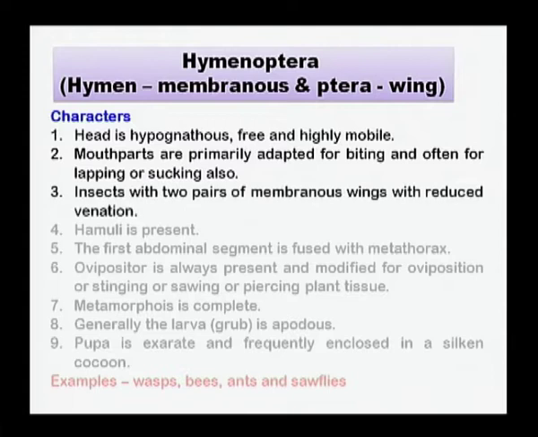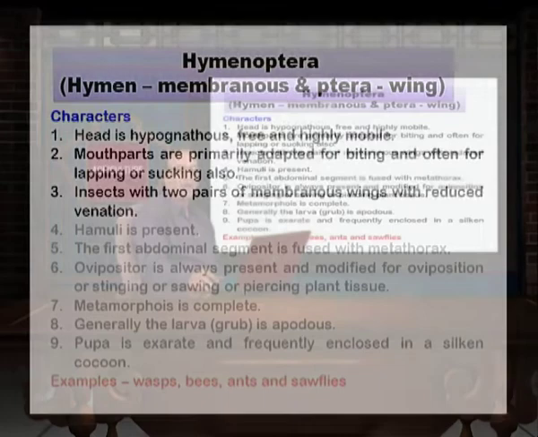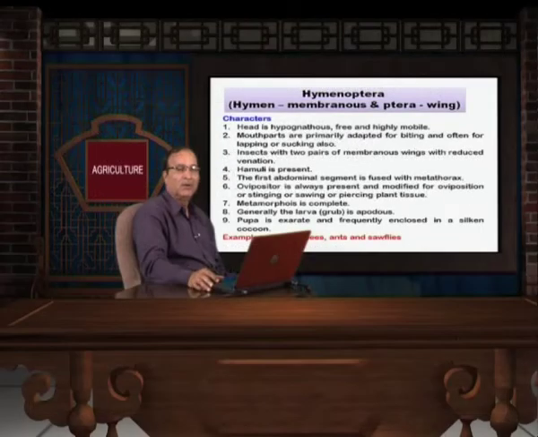With regards to the wings, two pairs of wings are present, but the wing venation is very much reduced. It means the longitudinal or cross veins are few in number as compared to other orders.